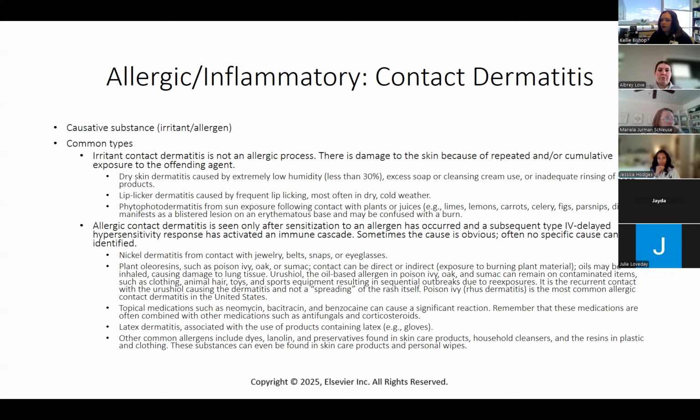Allergic contact derm is seen after they've had sensitization to an allergen, and then they have a subsequent delayed hypersensitivity response. Sometimes it's obvious, like walking through the woods and rubbing against poison ivy, or it's on the umbilicus, right where the button of their pants sits, and you can tell it's a nickel dermatitis, or on earlobes when they're wearing earrings.